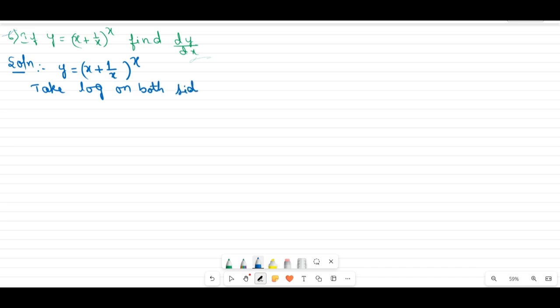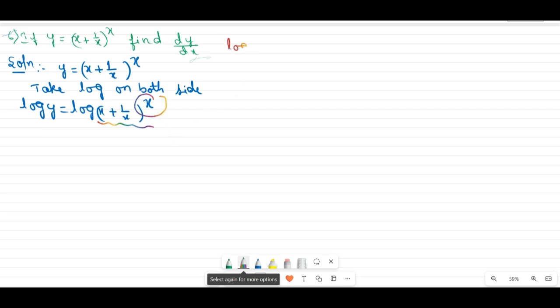If you take log on both sides, it becomes log y is equal to log of x plus 1 by x whole to the power of x. In this problem, x plus 1 by x is the base, and the power of the base is also a function of x. This is in the form of log of m power n.